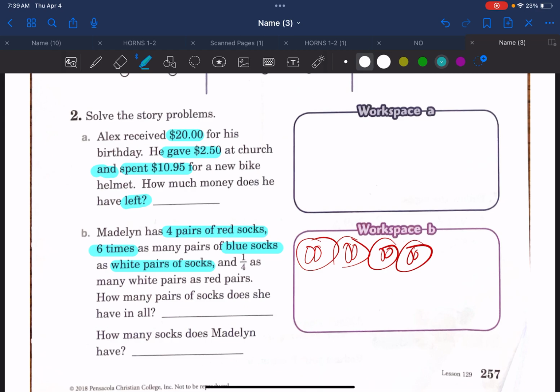So we can't do 4 times 6. I'm going to warn you of that right now because it's not saying 6 times 4 reds. No, it's saying the blue socks are 6 times as much as the white.